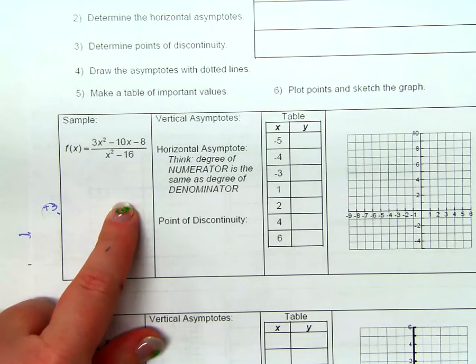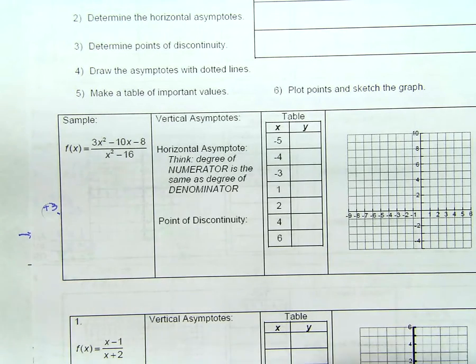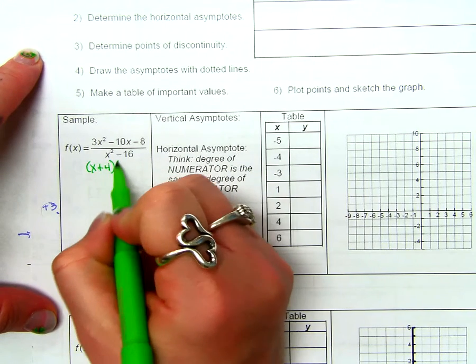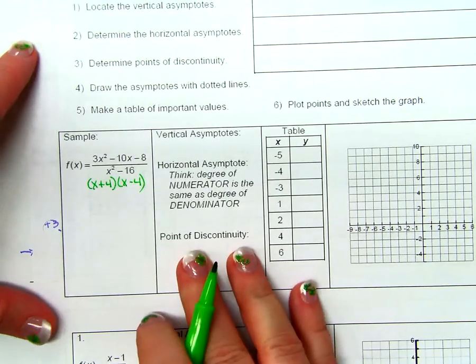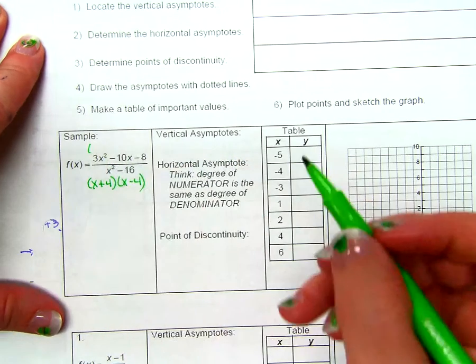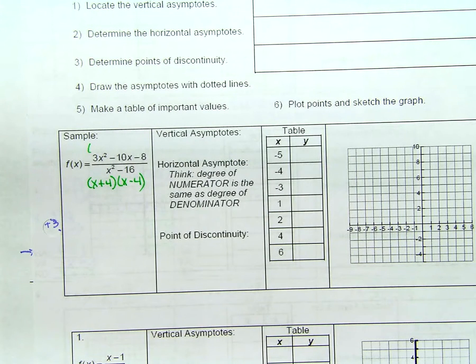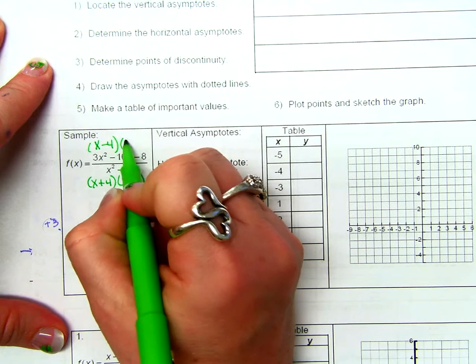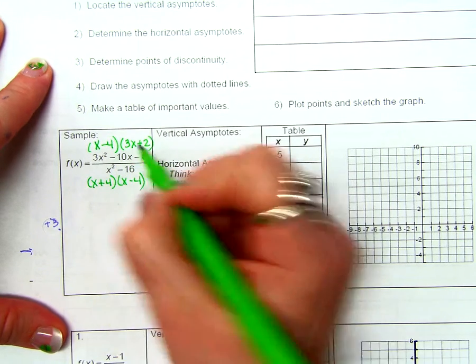But on this one, a problem like this, this is x plus 4, x minus 4, and if we were going to factor that one, we'd get x minus 4 times 3x plus 2.